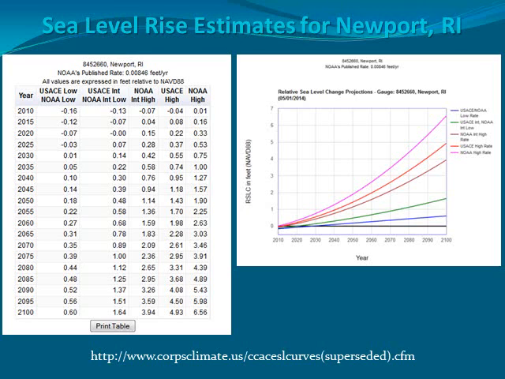So instead of 3 to 5 feet by 2100, the estimate is now about 5 to 7 feet by 2100. It's jumped by 2 feet. If I was a betting man, I'd say that estimate will probably continue to grow, but it gives us some time frames to deal with.